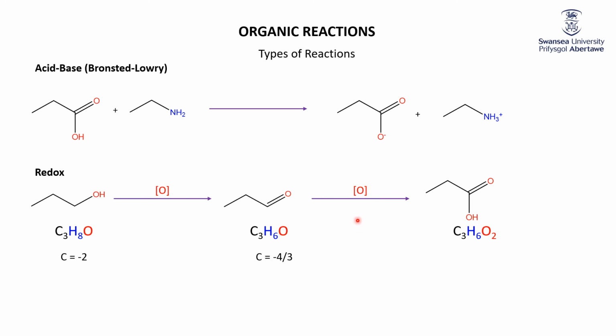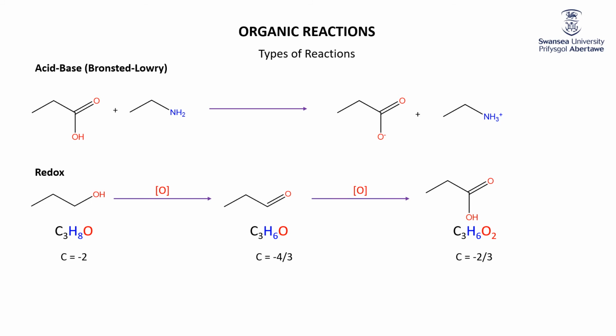You can, of course, demonstrate to yourselves that it is indeed an oxidation by looking at the average oxidation number of the carbon. Oxygen, 2 of those, that's -4. Hydrogens here, +6, so +6 -4 leaves another -2 to be taken care of by the 3 carbons. In other words, each carbon is -2/3.